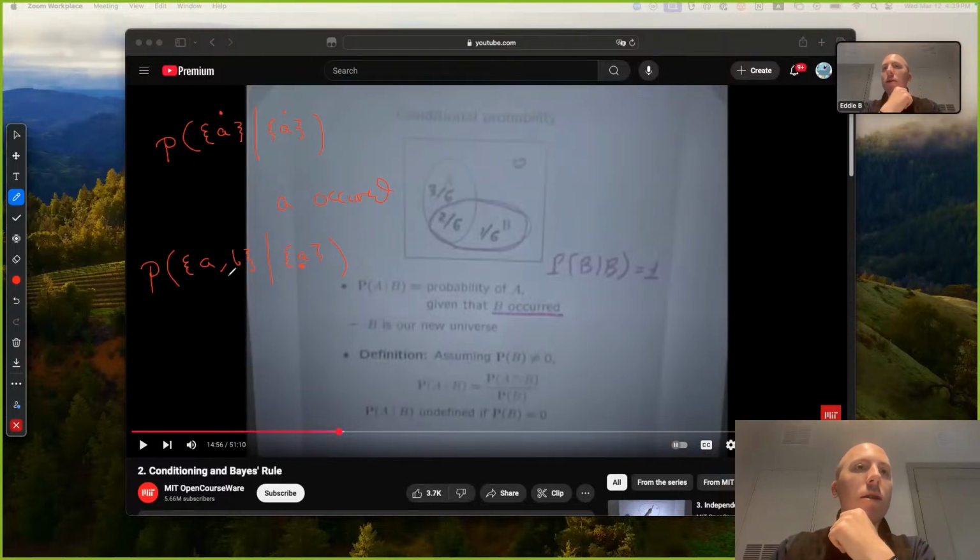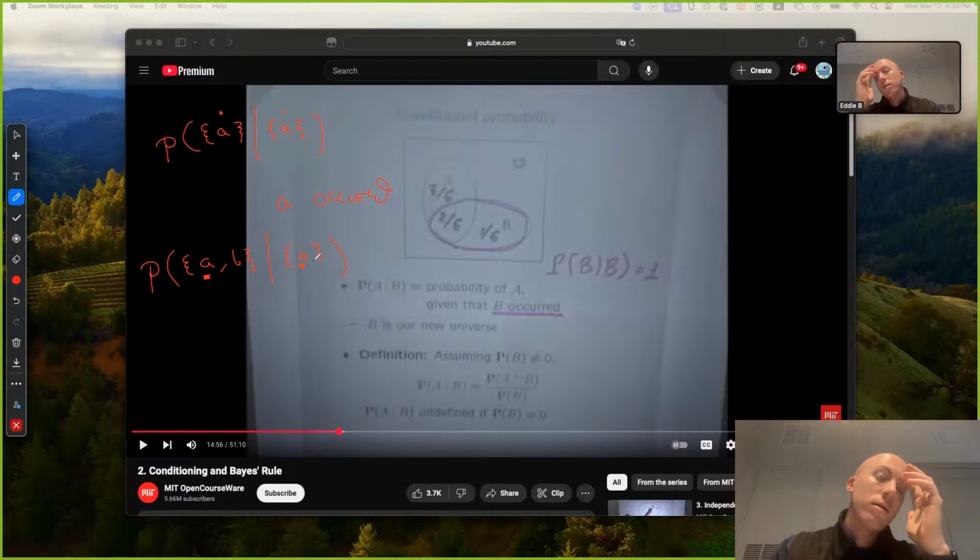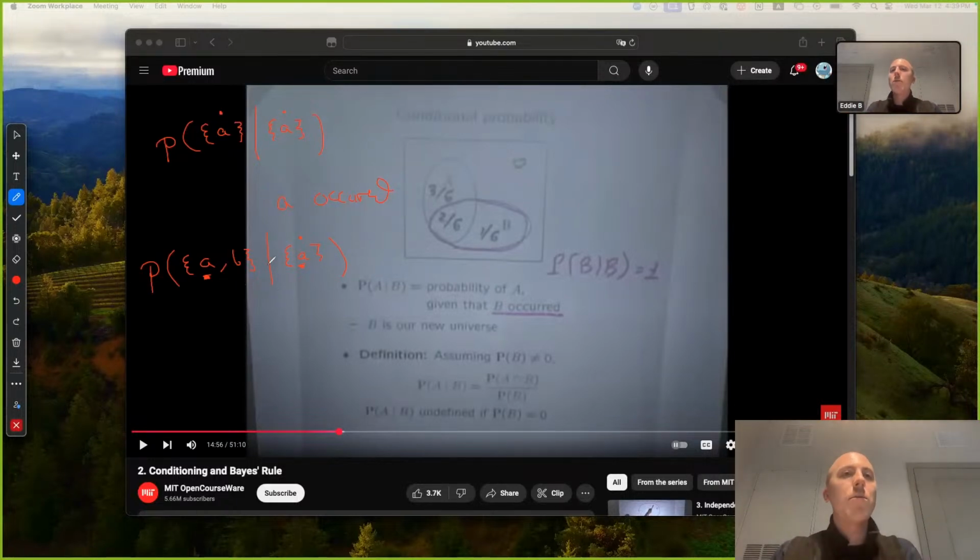Well, the overlap here is this. One of these things happened, so we know that A happened. So what's the probability that one of these things will happen? Well, what's the probability that either A happens or B happens? Okay, now we're getting into the full sample space. We should think of it in terms of the whole sample space.